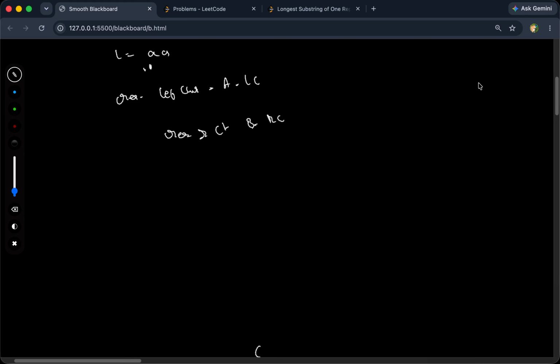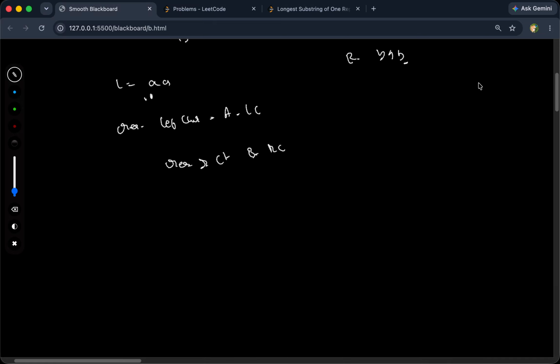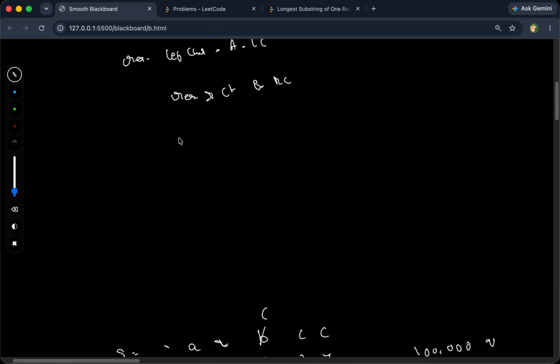Remember, prefix is how many equal characters are continuously present from the beginning. For abbb, we have a2 and b3. From the beginning, prefix is 2. But there is an important case. Suppose left is equal to a and right is equal to ab, we combine.